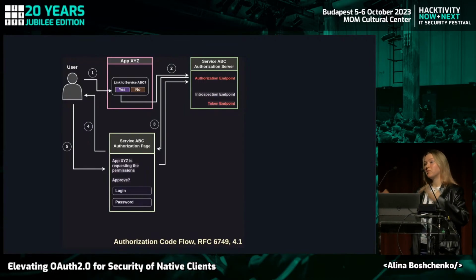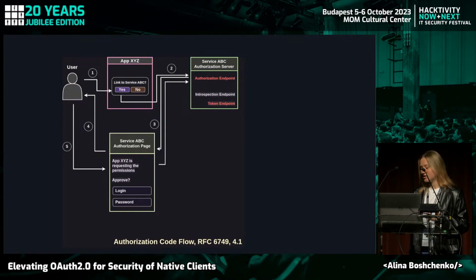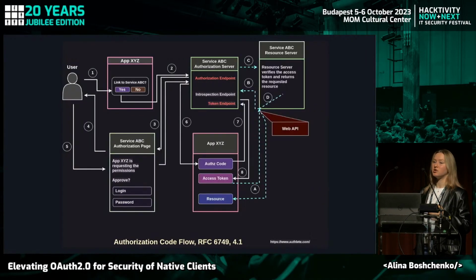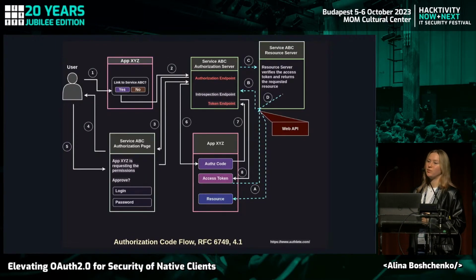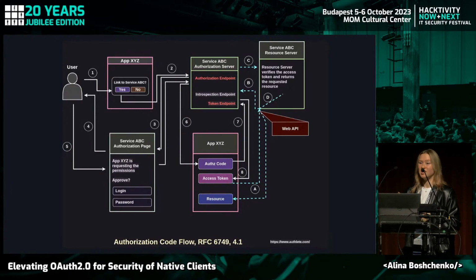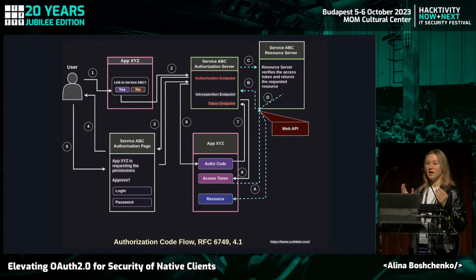The auth server replies with a redirection form where the user authenticates themselves and grants all the required permissions, and if permissions are granted, then the authorization server issues the auth code, which later can be exchanged by calling the token endpoint for the access token. And then, if everything is okay, the auth server validates the client ID of the application and the code, issues the token, and later this token can be used to get access to the resources.